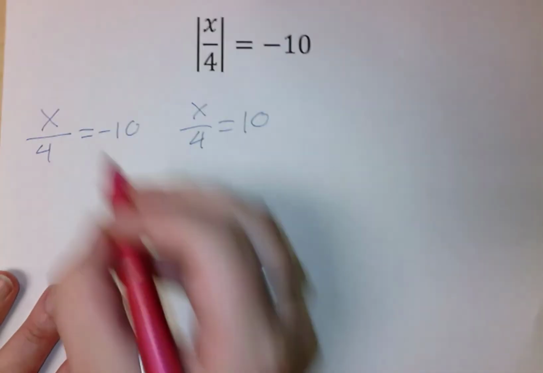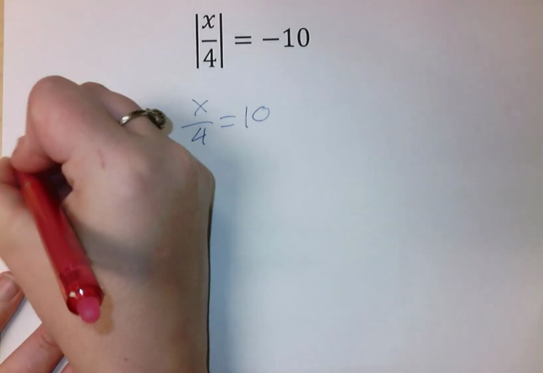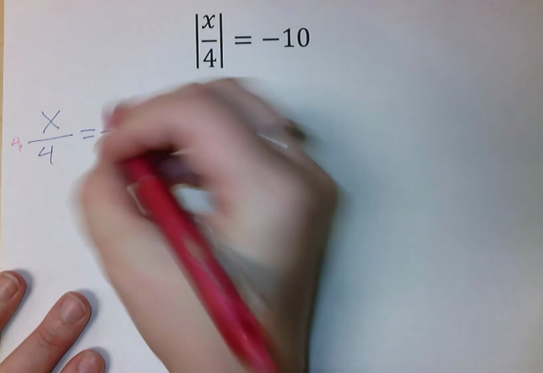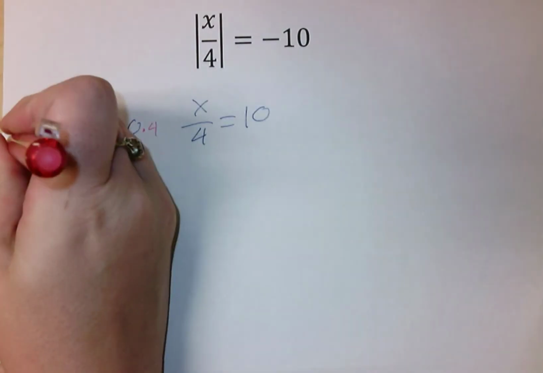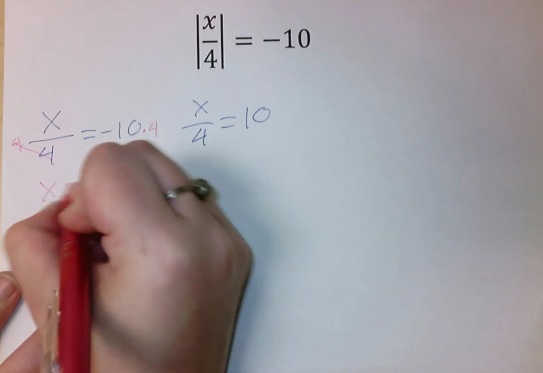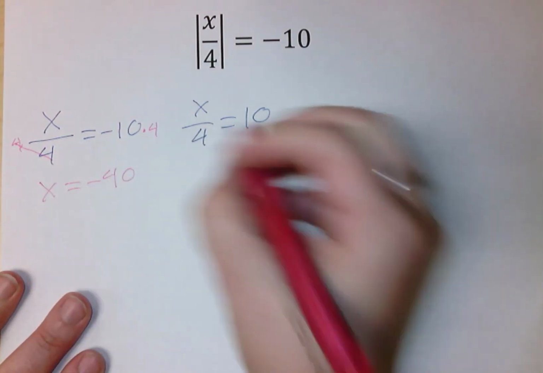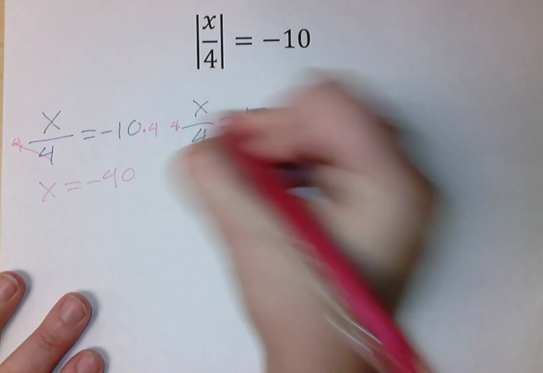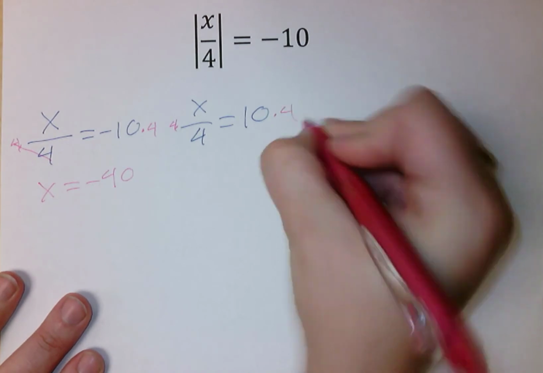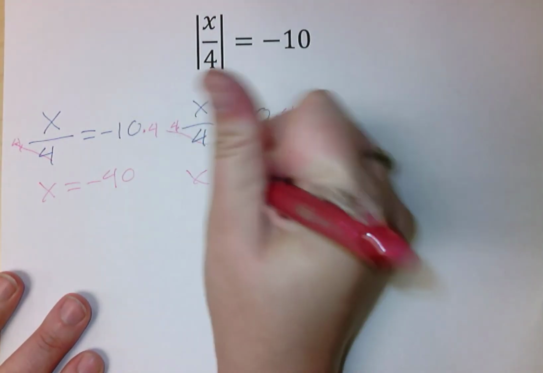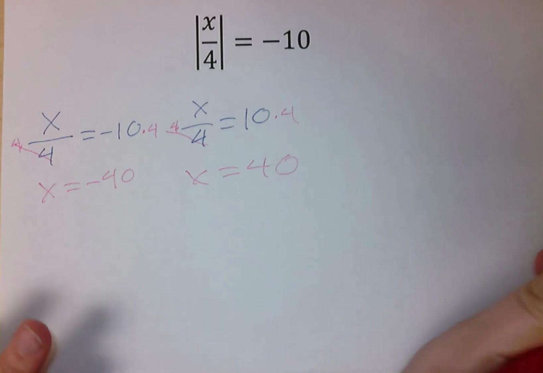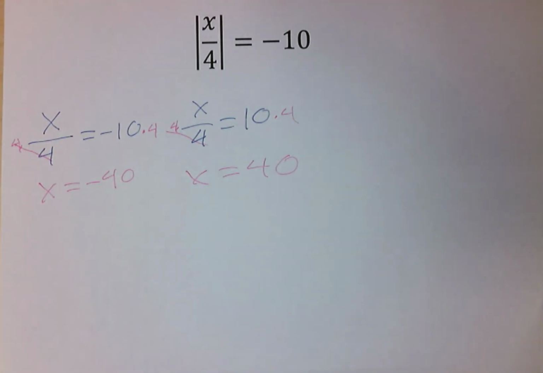Because the 4 is dividing, I'm going to multiply by 4 on both sides. So I get x is equal to negative 40 and x is equal to 40. But I'm going to go back and actually check my work on this one and see if it works.